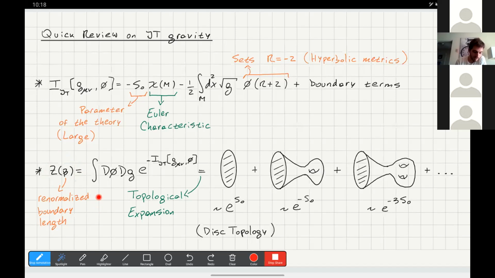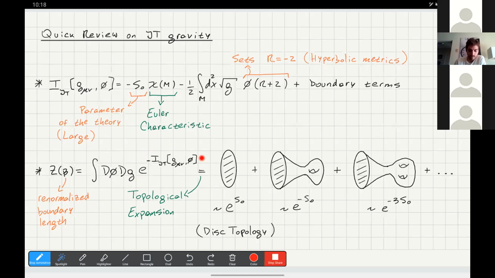The boundary conditions are ultimately determined by the renormalized length of this boundary. Although the boundary goes to infinity, we can make sense of a renormalized length. Then we construct the partition function in the way one would naively do: we do the path integral over all configurations of the dilaton field and the metric, with the action in the usual way.